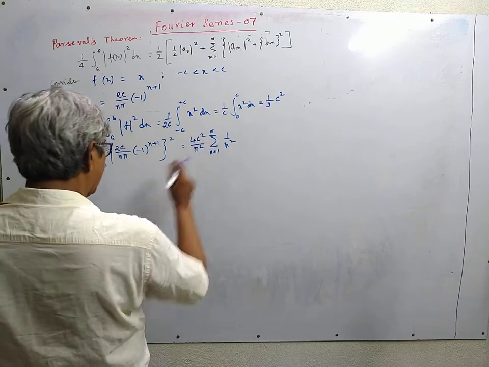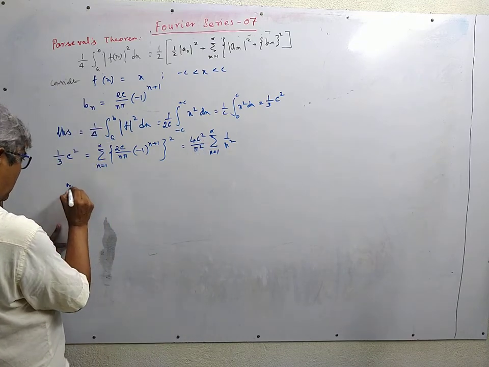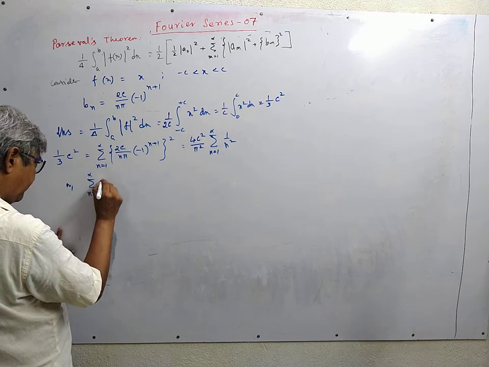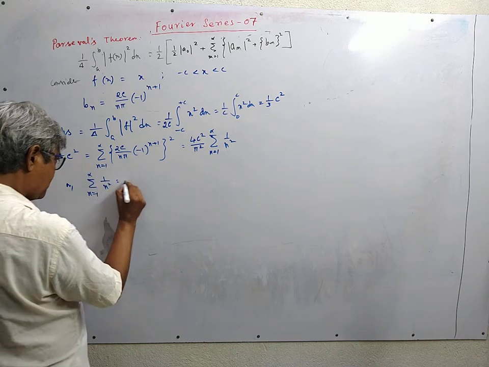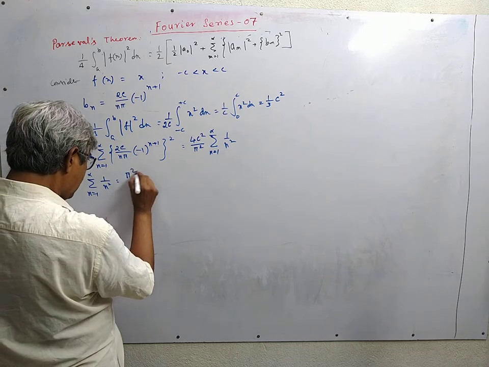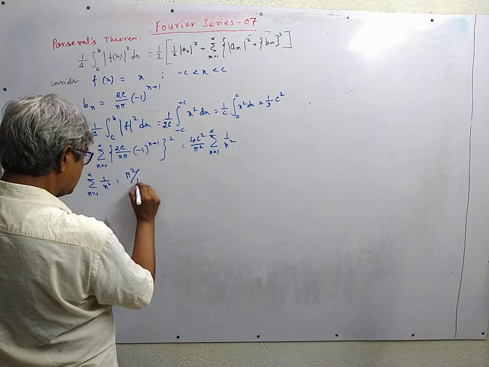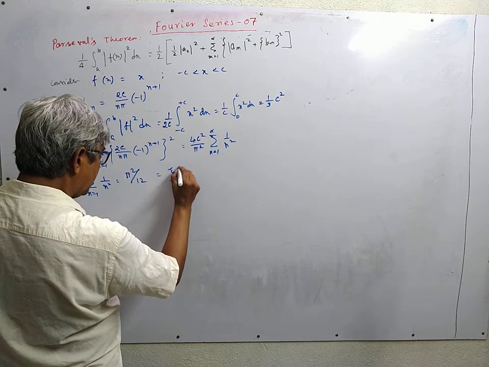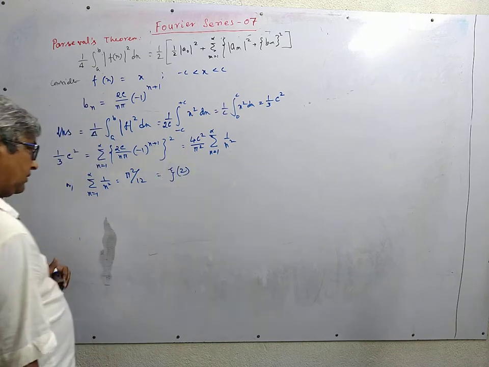Now c square cancels out, and we get summation over n is equal to 1 to infinity of 1 upon n square is equal to pi square by 6. This is equal to zeta 2, which we talked about earlier.